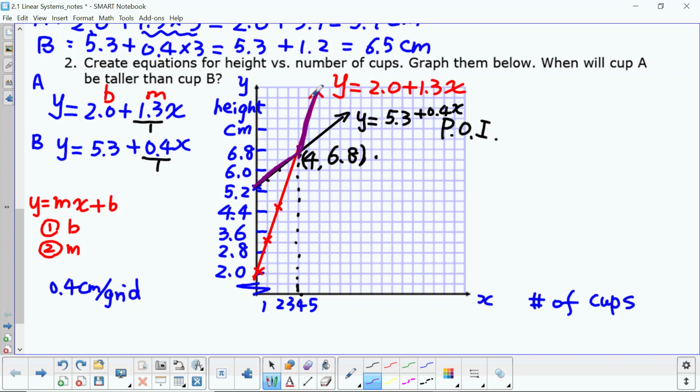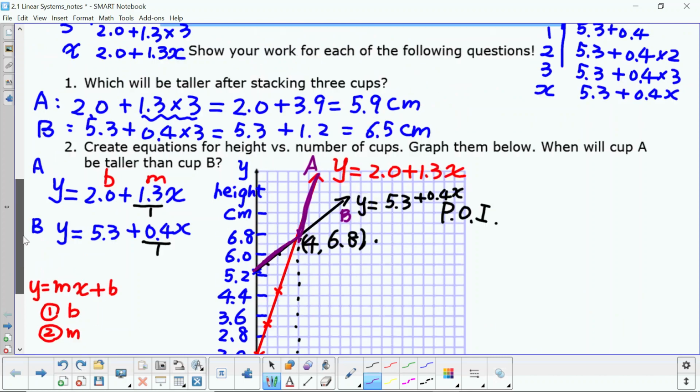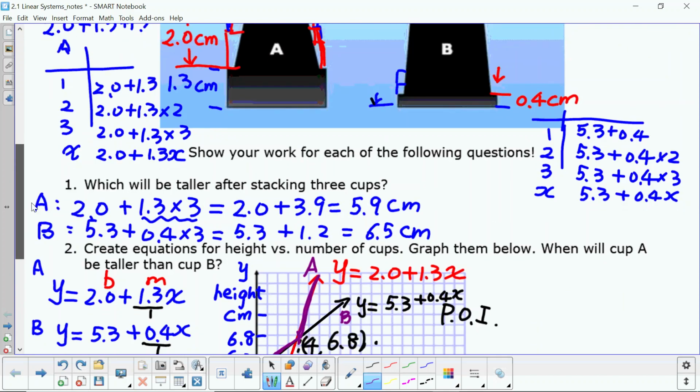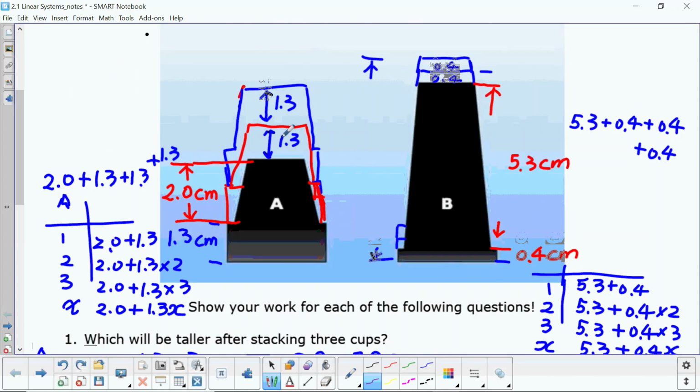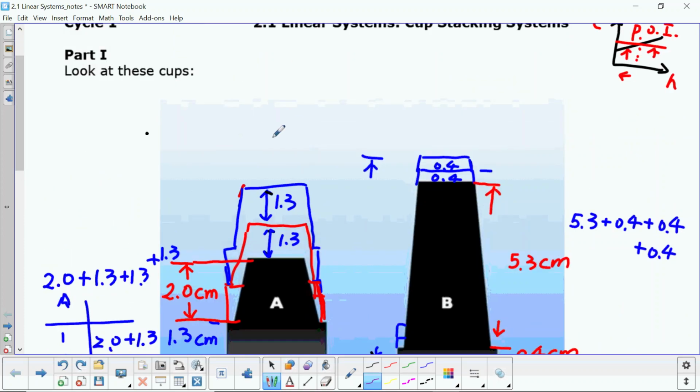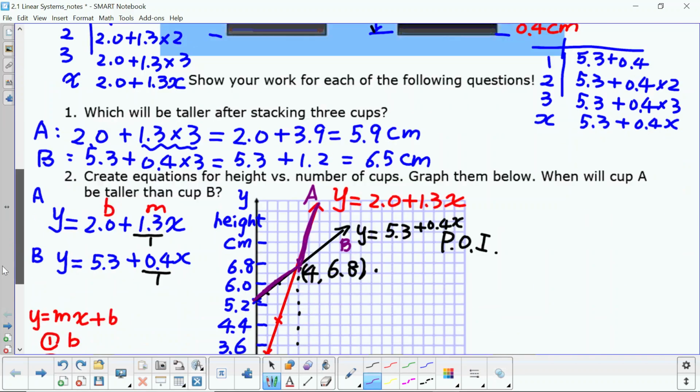This is cup B, this is cup A, okay? So before 4 cups, cup B is higher, but after 4 cups, if you keep adding, cup A will reach up higher than cup B. So any questions?